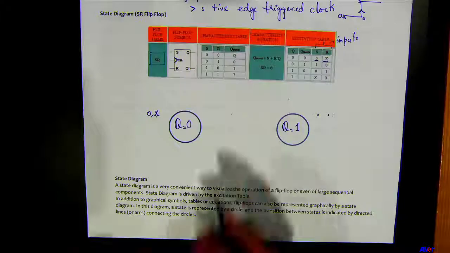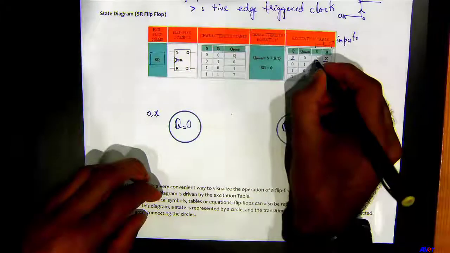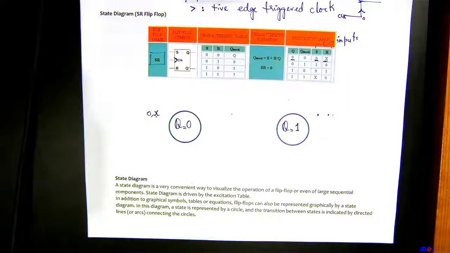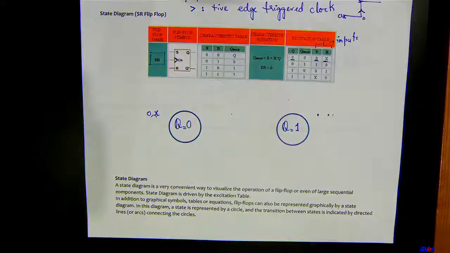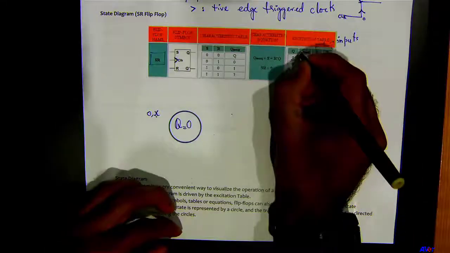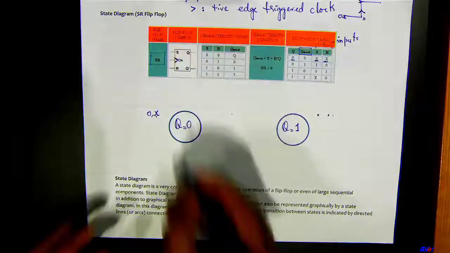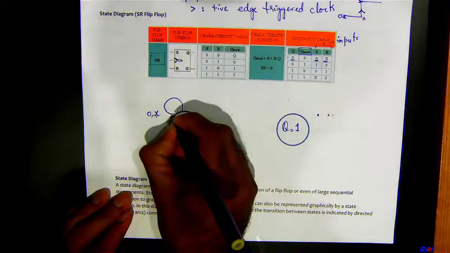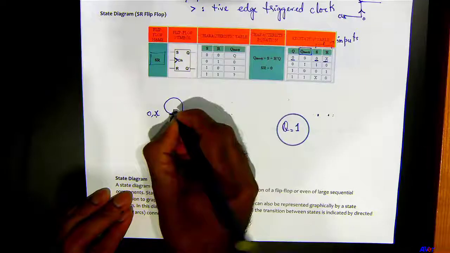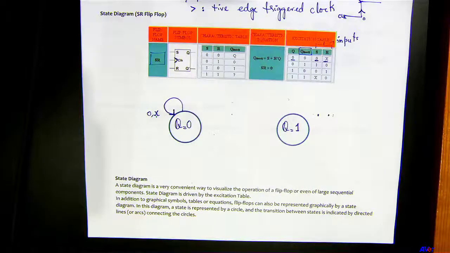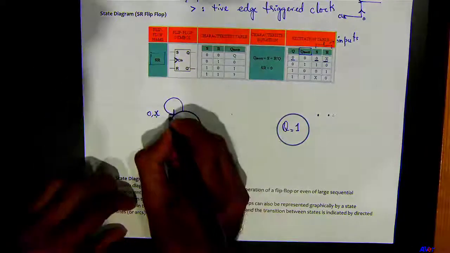The present state is 0, which is right here. Your S and R inputs are 0, don't care. What would be the next state? The answer is in the excitation table. The next state is Qn plus 1 right here, correct? Next state is 0, right? So that means it will actually stay over here. This is an arrow.